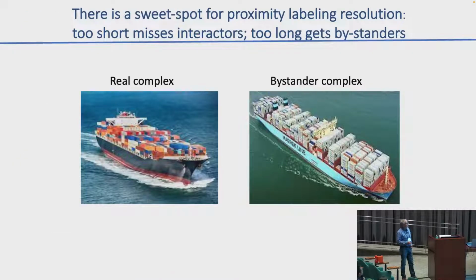proximity labelers. And so there's really a sweet spot for proximity labeling, and I show this to show sort of this nautical analogy here. Imagine we have a protein complex, this cargo ship with containers on it. We want the proximity method to identify what's on the ship, but we don't want it to see ships in the night or bystanders.